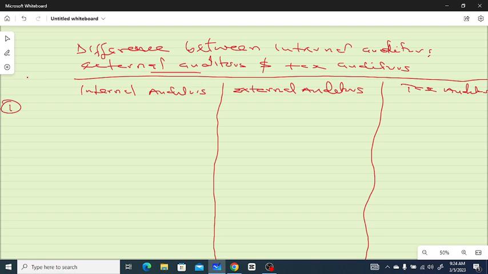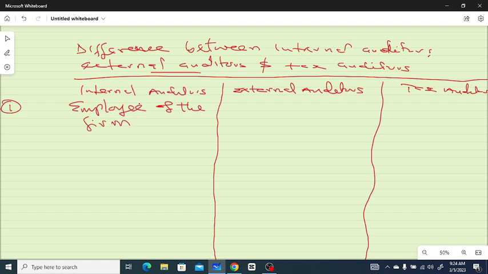Number one, the internal auditor is an employee of the firm or company.